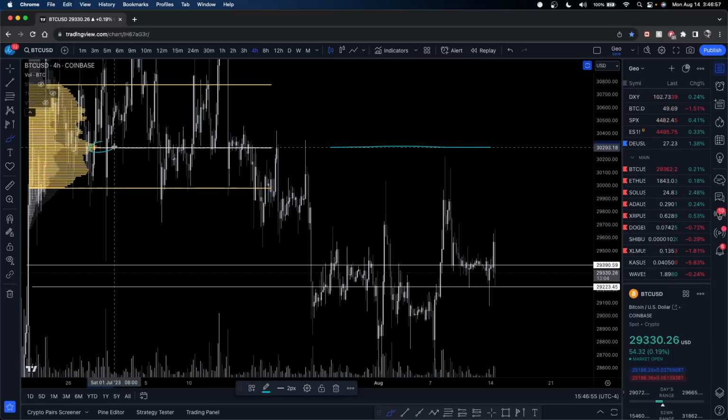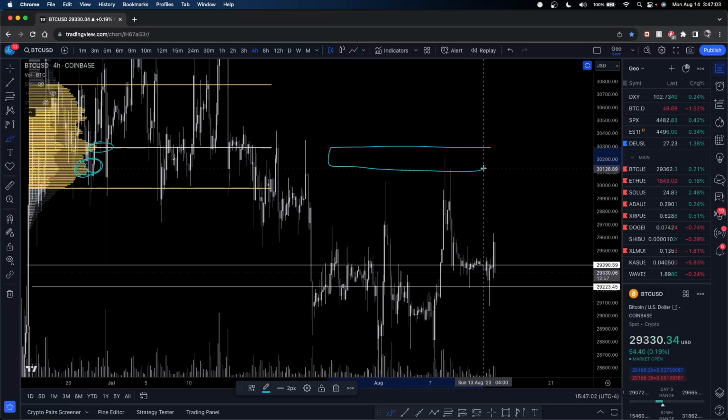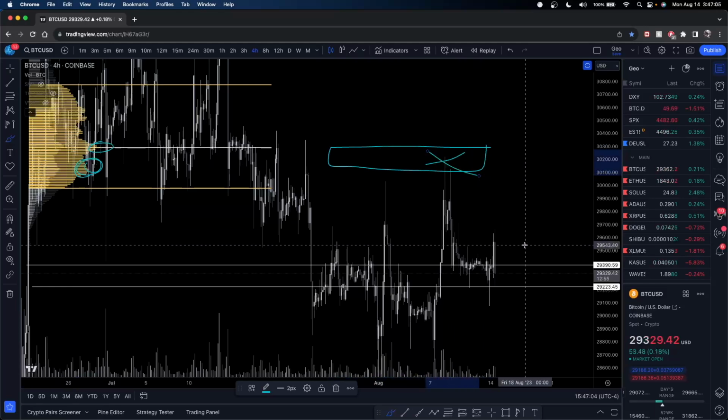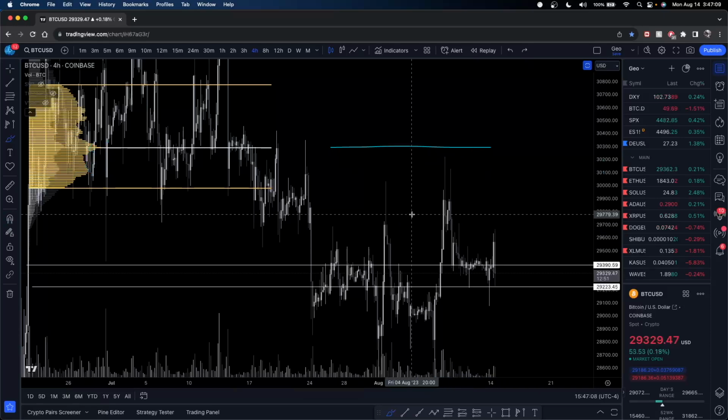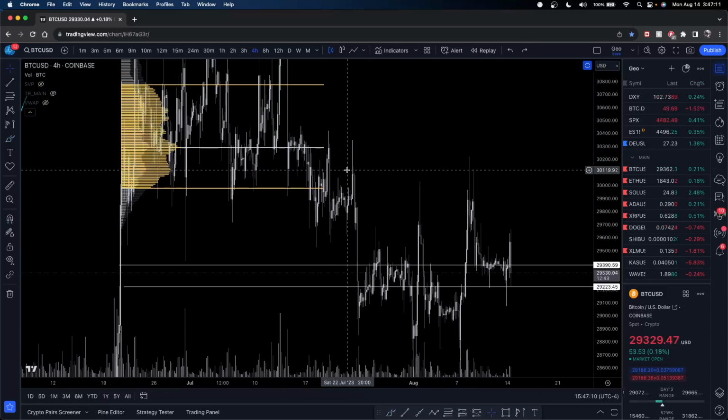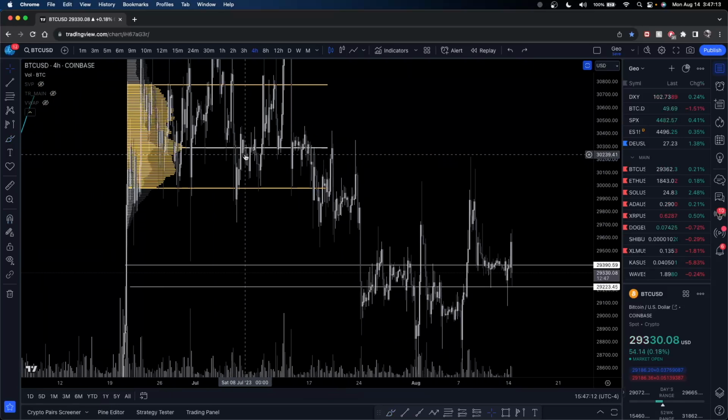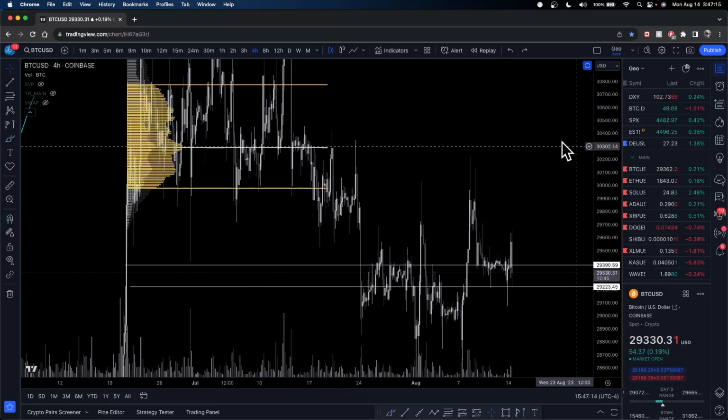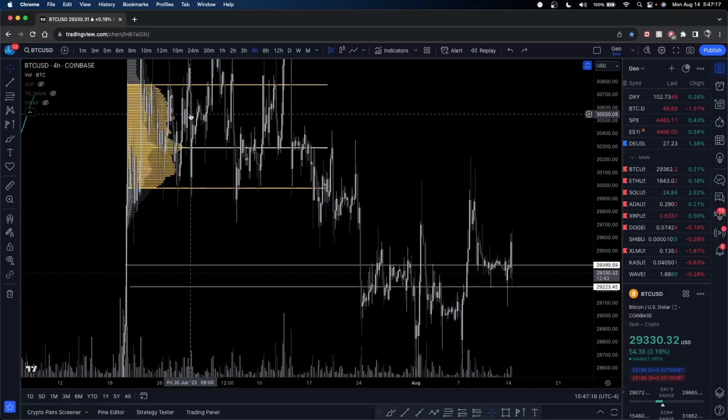So I'm looking at this high volume node and this high volume node. You could consider that to be a range, and price got rejected right from there, right? So this is what you're going to do to analyze your time, or sorry, your volume based on price. You're going to use the fixed range volume profile.